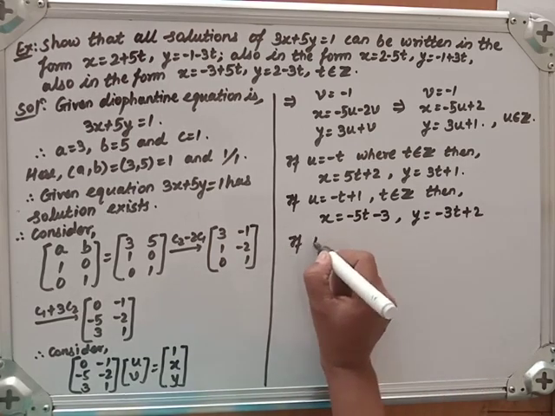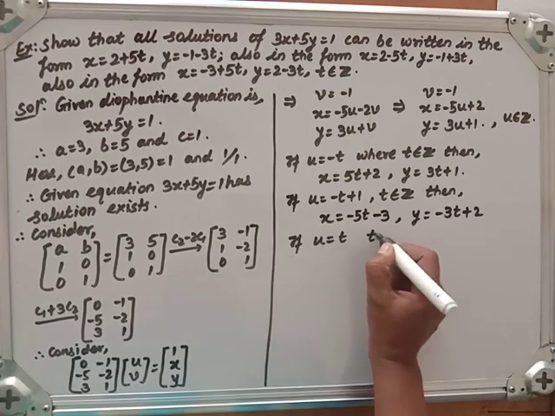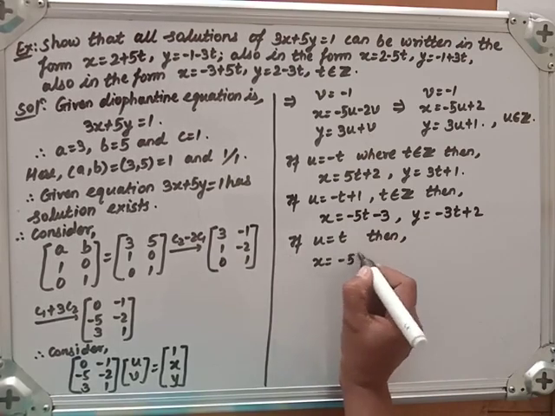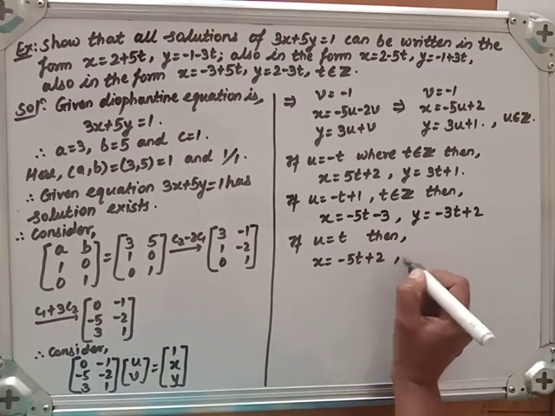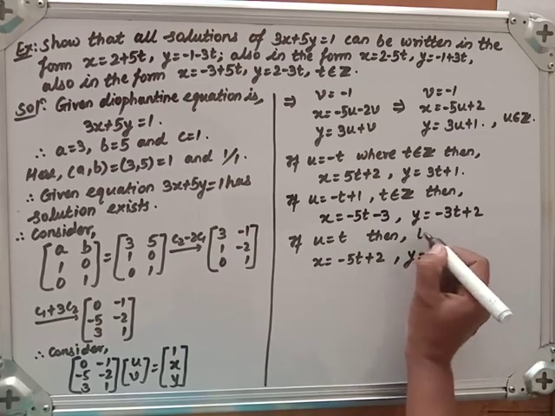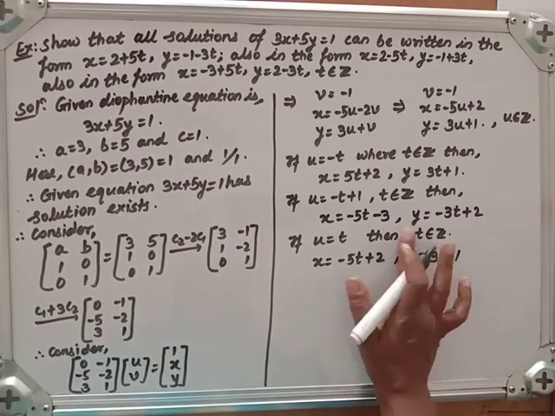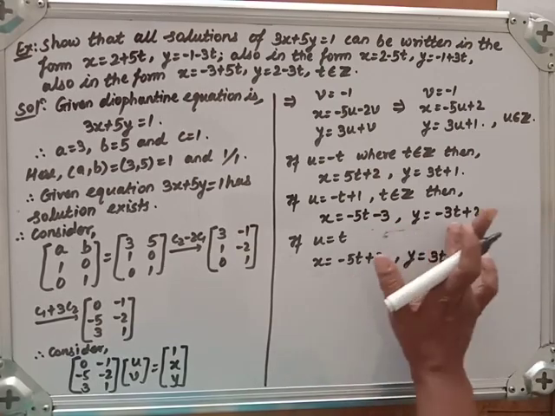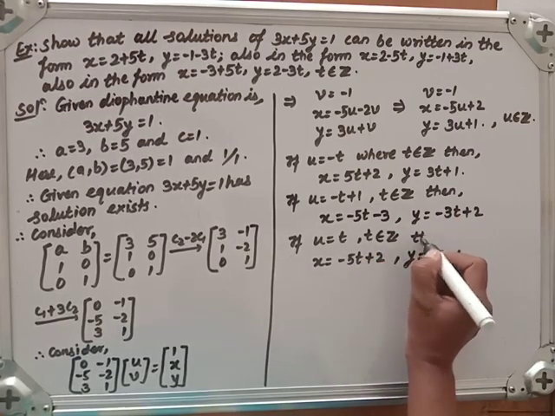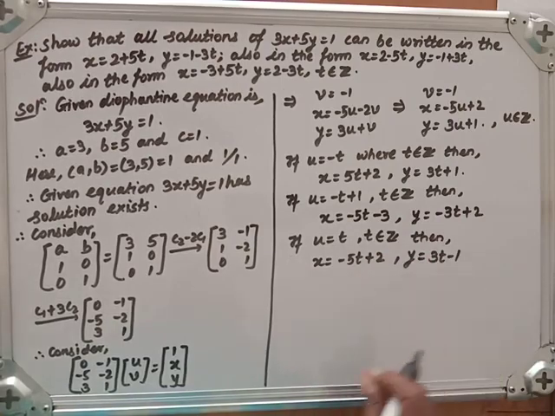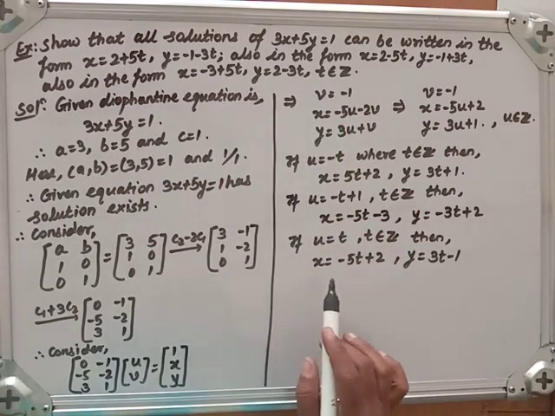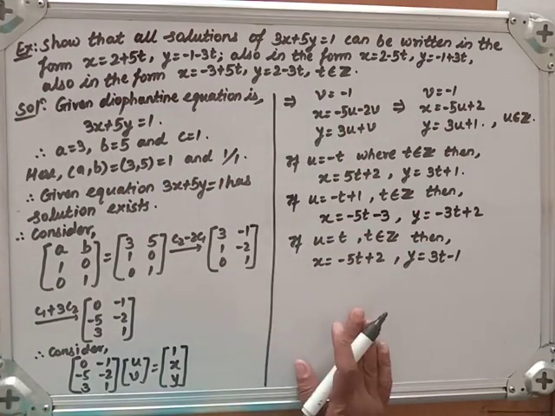Again, if u is t, then x is minus 5t plus 2 and y is 3t minus 1. Here also t is in Z. Okay, this is the solution, and we can form this type of solutions also. This is about this example.